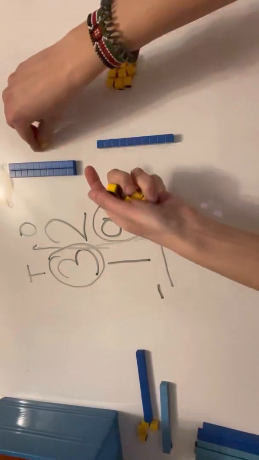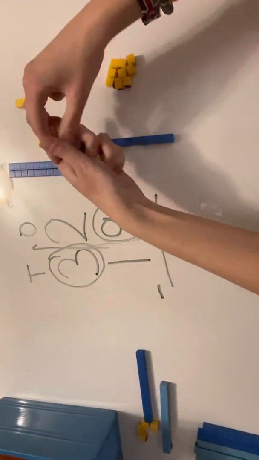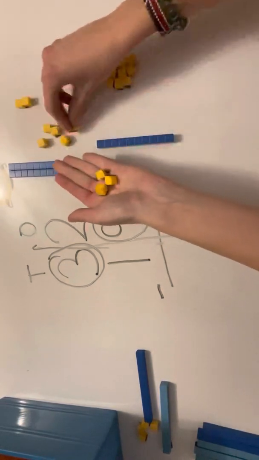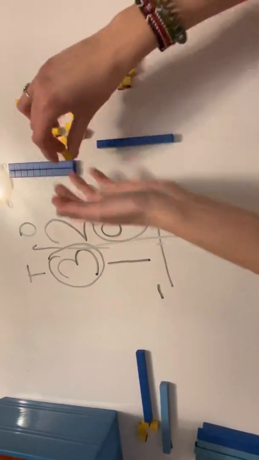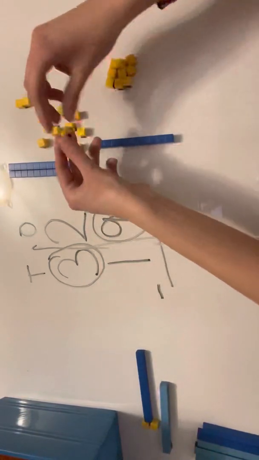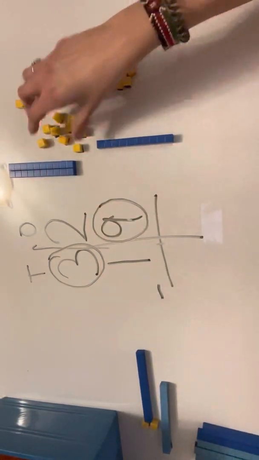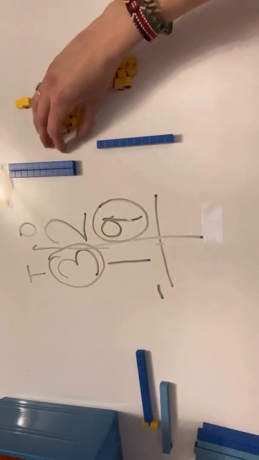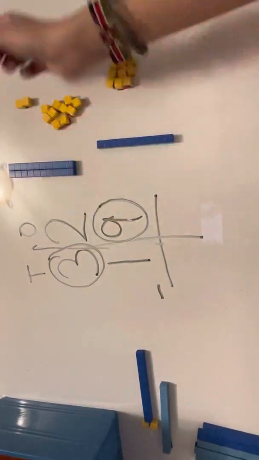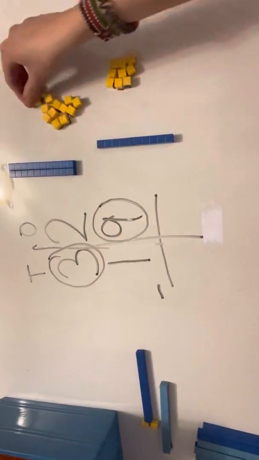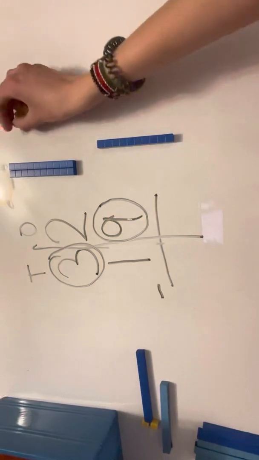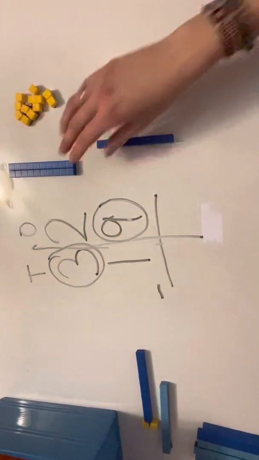So I'm going to count out 10 ones. 1, 2, 3, 4, 5, 6, 7, 8, 9, 10. So now I have 10 ones here. And then I'm going to add that on to my 2 ones. So I have 10, 11, 12. So now I have 12 ones.